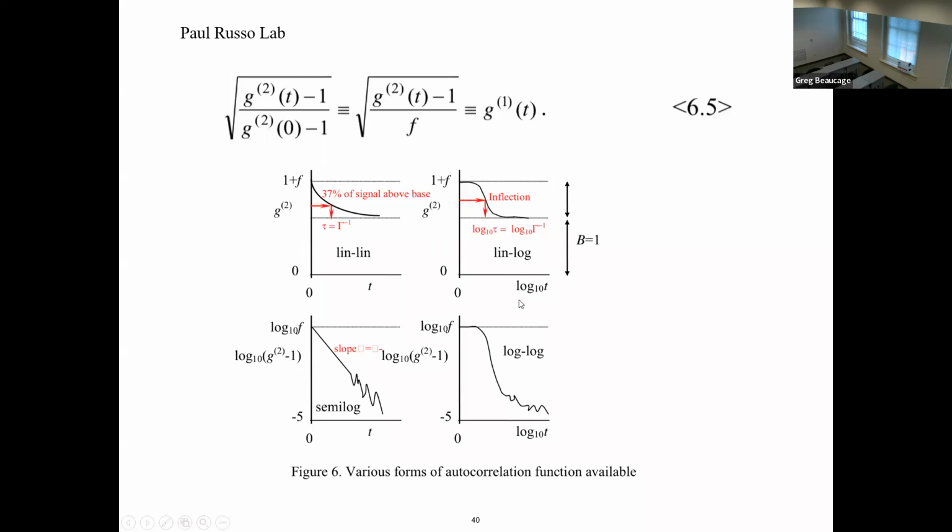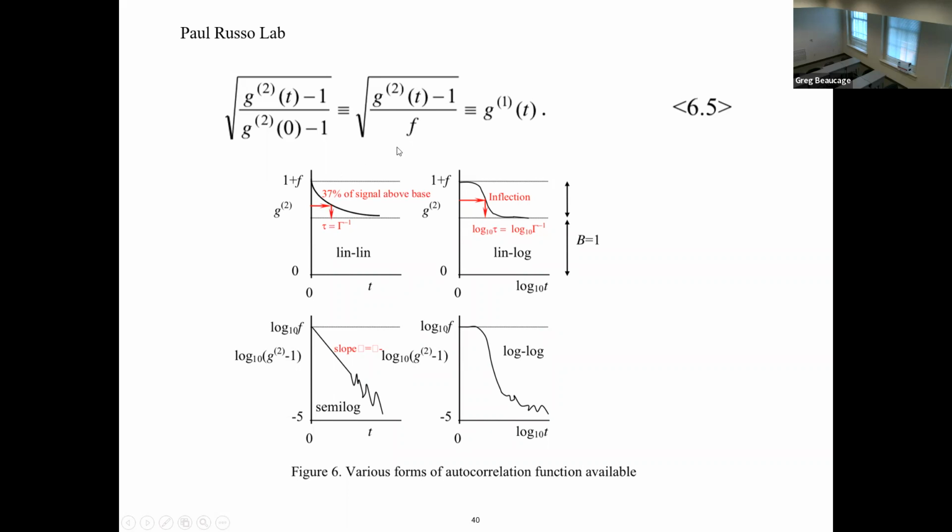If it's a log linear plot, the slope is the time. And if it's this one, you get the exponential, where time equals tau is where you have 1 over E. So 37% is 1 over E. 1 over 2.71 is 37%. So 1 over E is where your tau is.